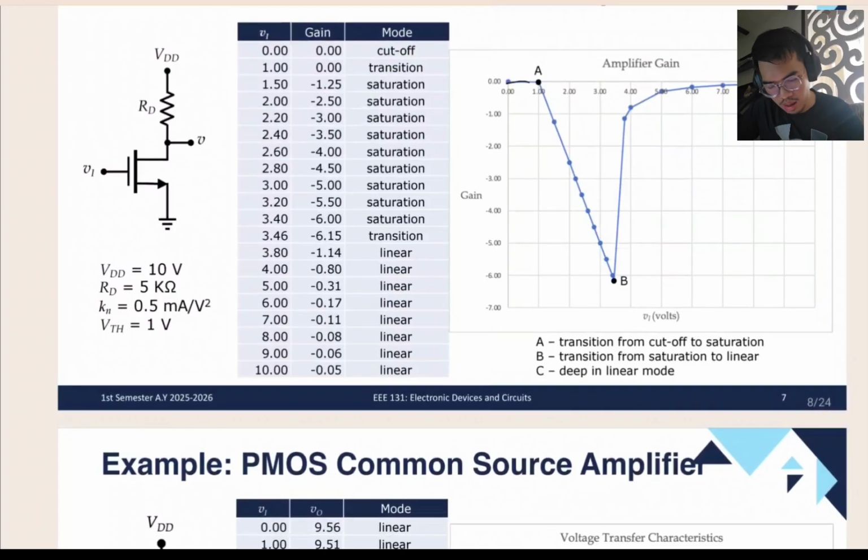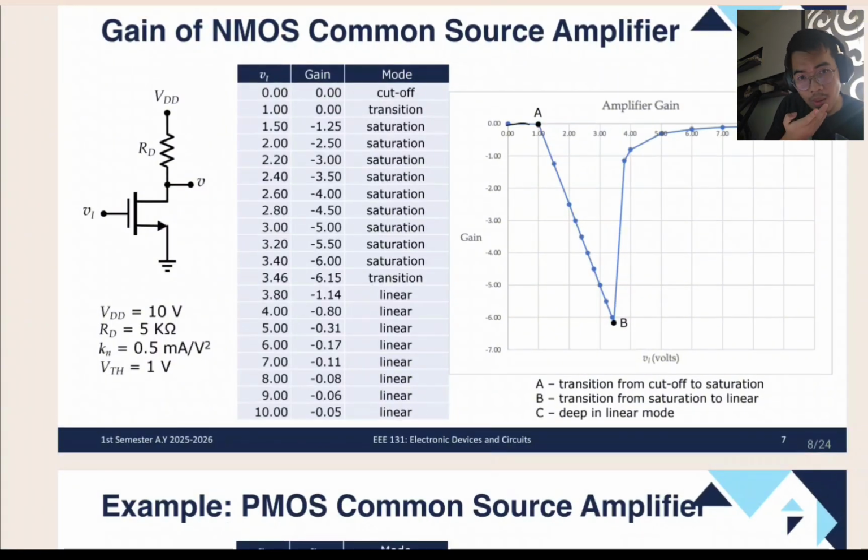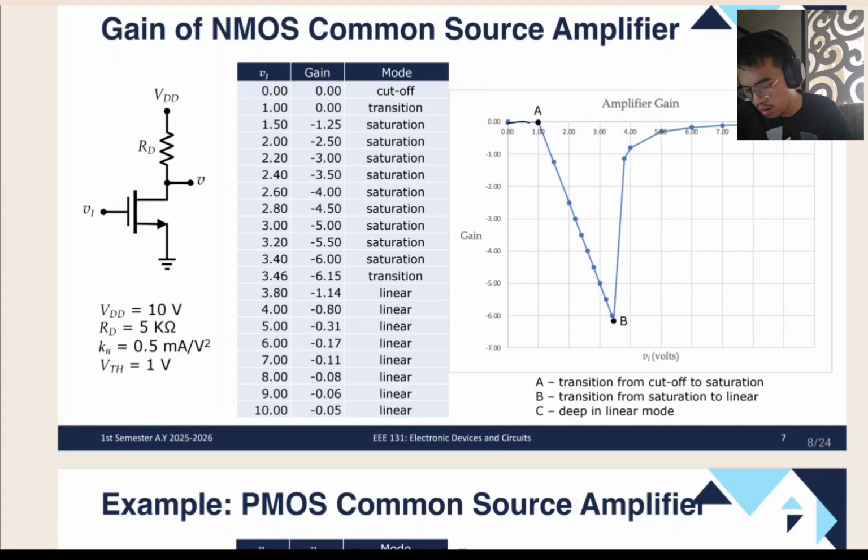And then when we transition from saturation to linear, we see that our gain actually starts decreasing until it goes back to 0. So again, as I've mentioned in my discussion way back in BGT, the gain is actually not constant all throughout, in a way that if you apply a signal, if you bias it here, and you have a signal that occupies this region, it will experience different gain.